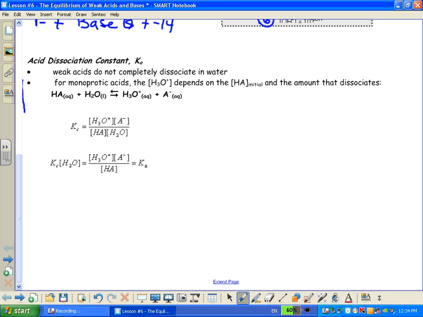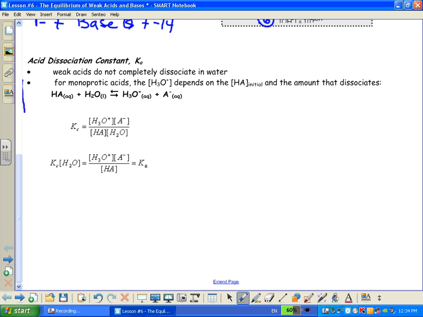Acid dissociation constant Ka. So before we were looking at KEQ or Kc, and that represented the constant equilibrium. So now we're going to look at acid dissociation, so the breakdown of an acid into its respective ions. Weak acids do not completely dissociate in water. Like I've said this about 100 times now.